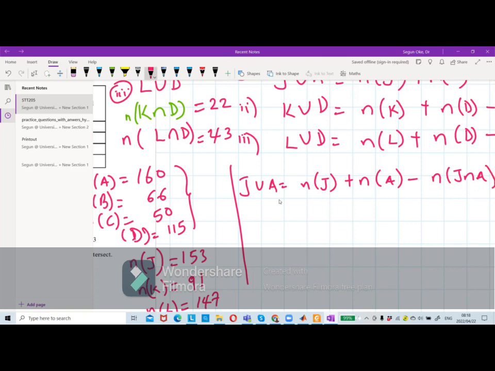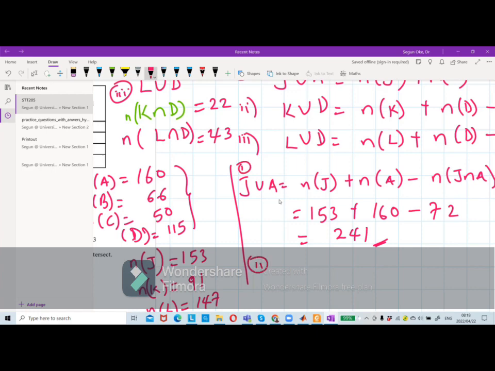We know it. 153 plus number of A is 160 minus A intersection J, which is 72. If you punch your calculator very well, you have 231. So that is number figure 1.